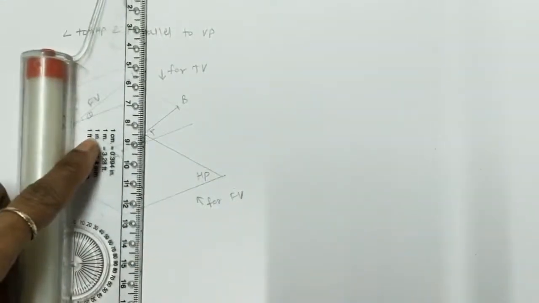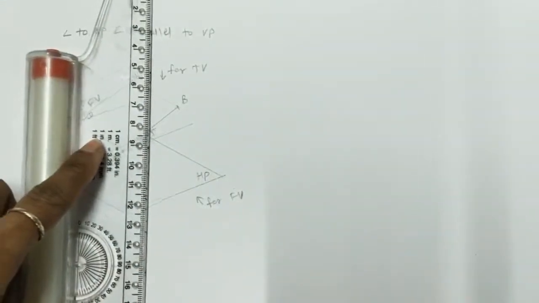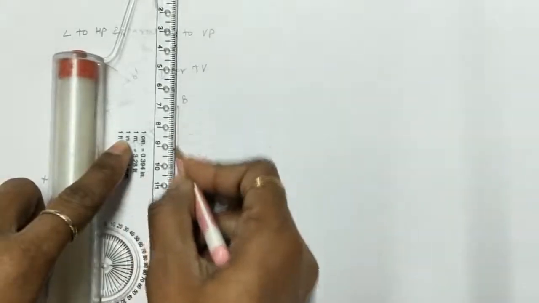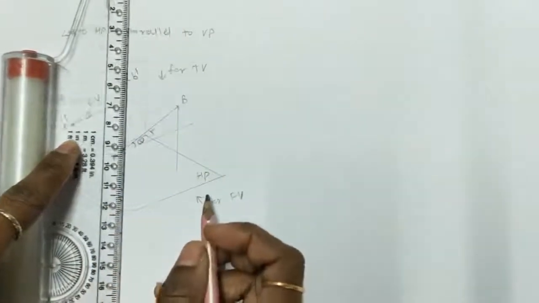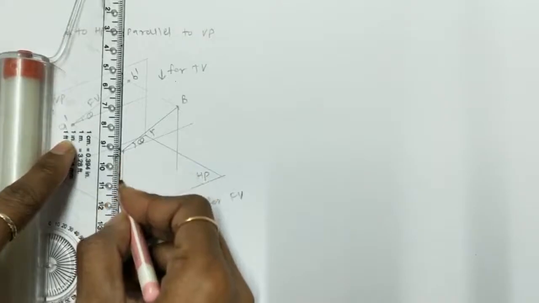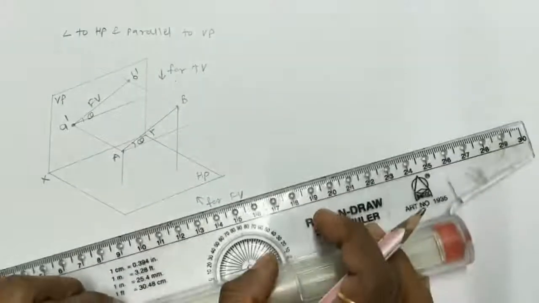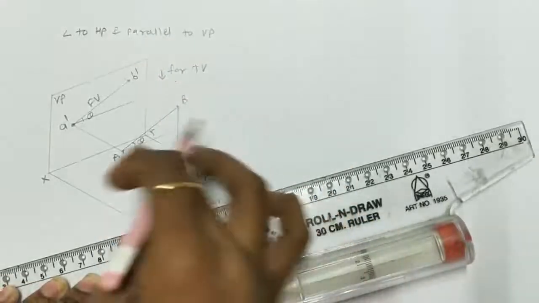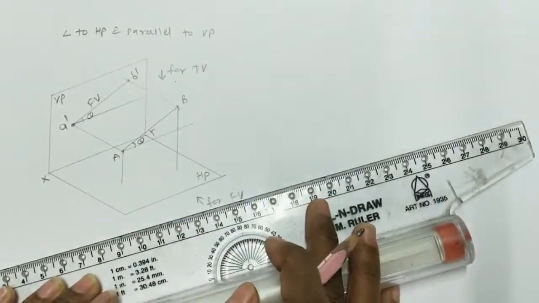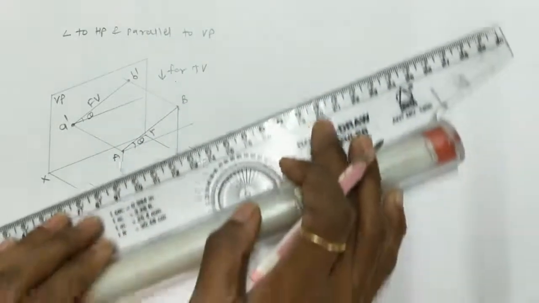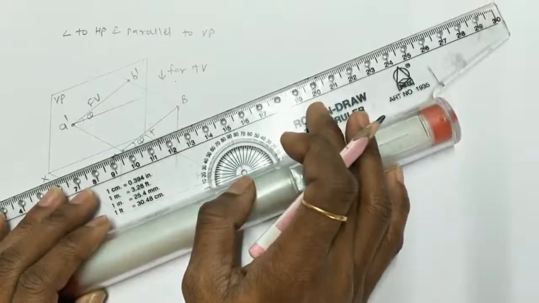Now for top view, we will see from the top and the line will look like this. Take projections of points A and B and now draw the line.